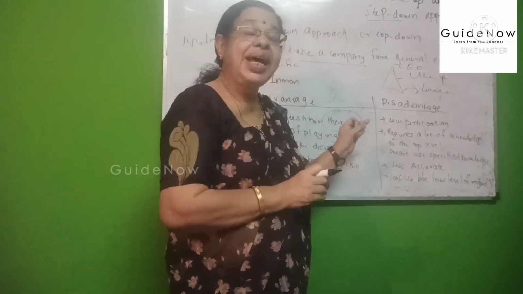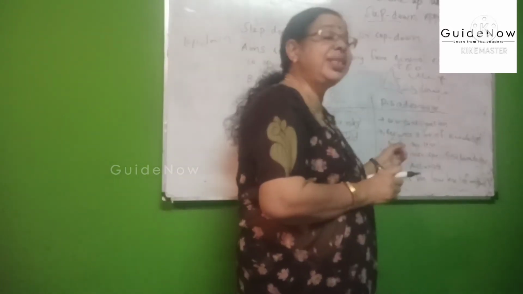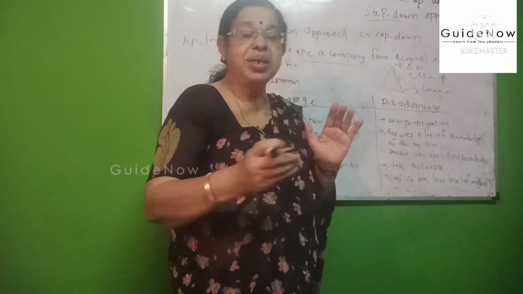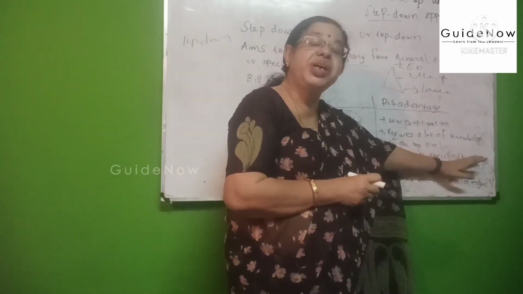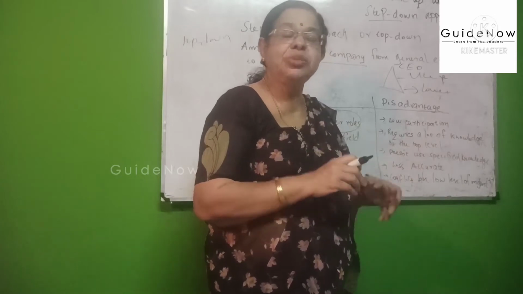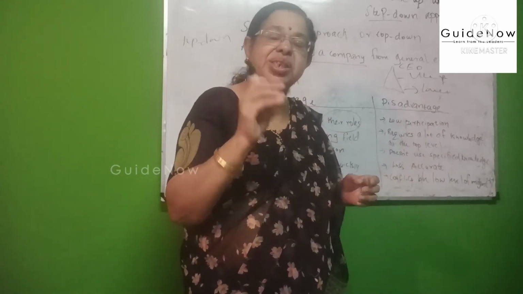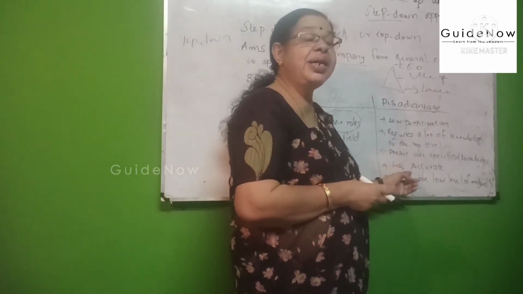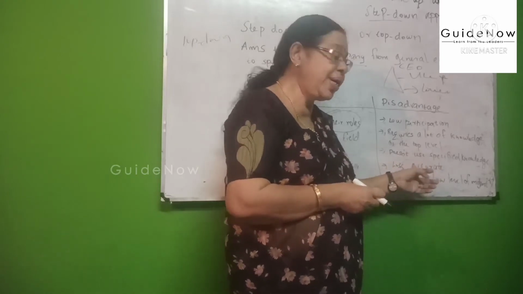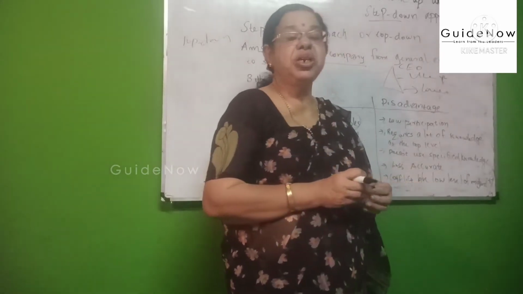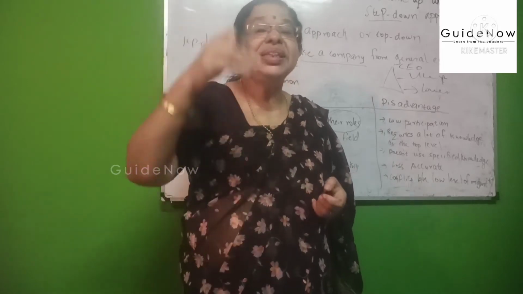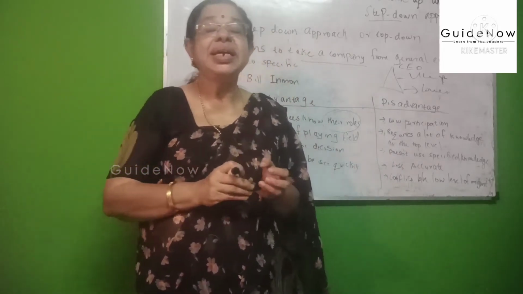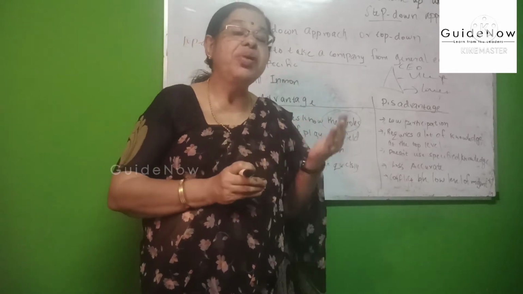Second, it requires a lot of knowledge at the top level, which does not pass to the lower strata. Third, it does not use specific knowledge; passing specific knowledge is only in theory and is not possible. Next, it is less accurate, and last, conflict between the lower levels of management.